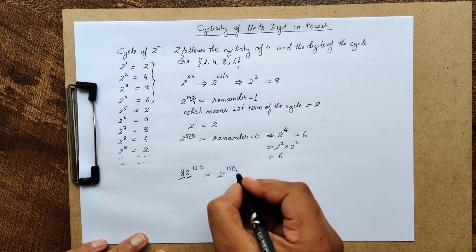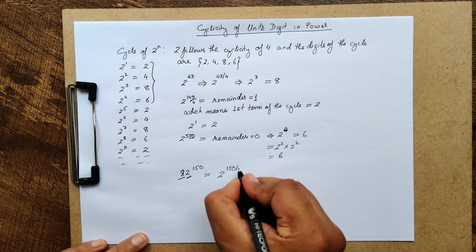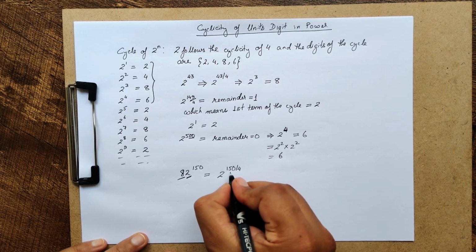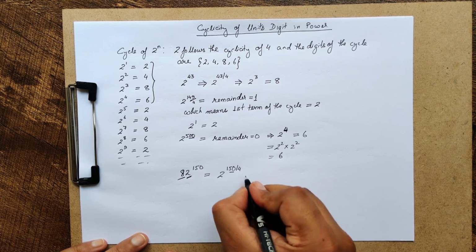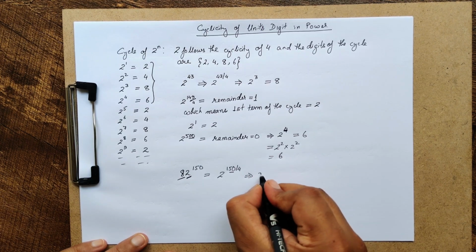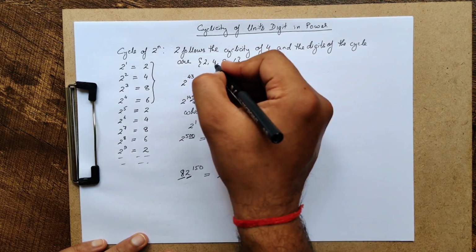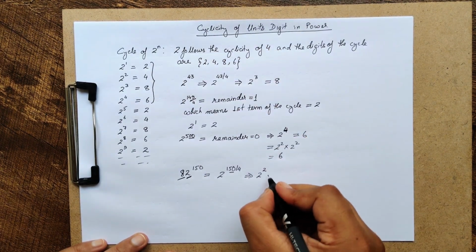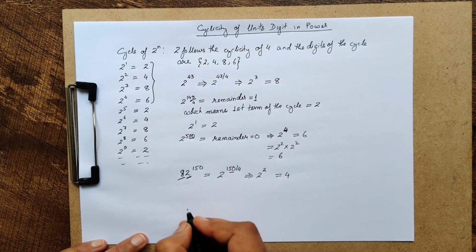We know that the cyclicity of 2 is 4. So we can write it as 150 by 4. We need to divide the last two digits to see what will be the remainder of 150. So we know the remainder will be 2. So we can write it as 2 to the power 2, which means the second term of the cycle, which is 4. So the answer will be 4.